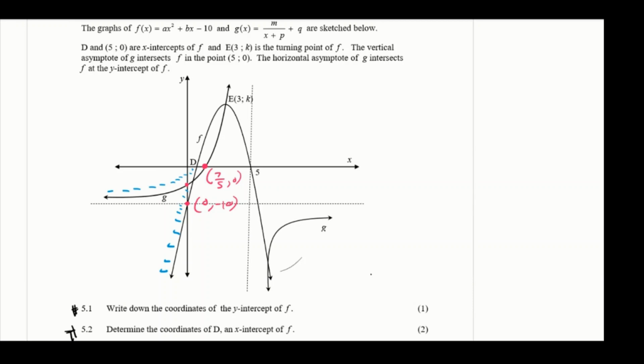But if we have a look here at this point, we know that D has coordinates 1 and 0, right?